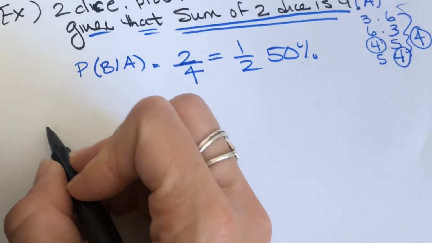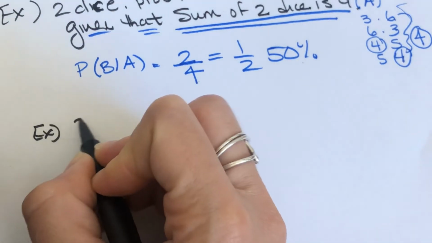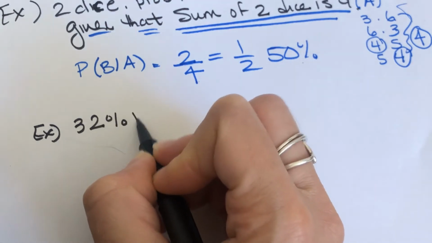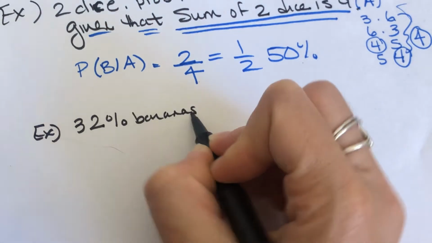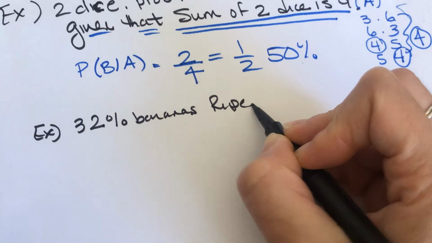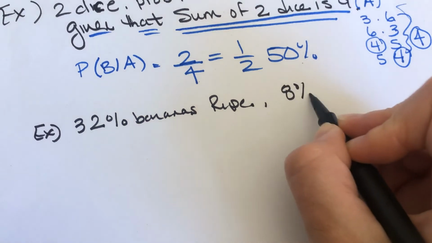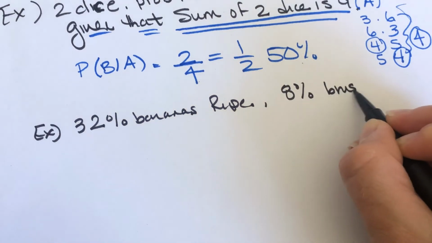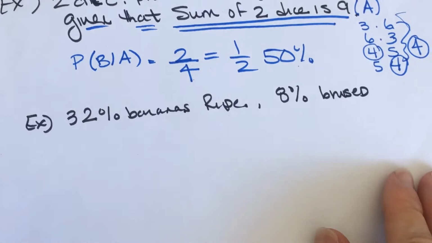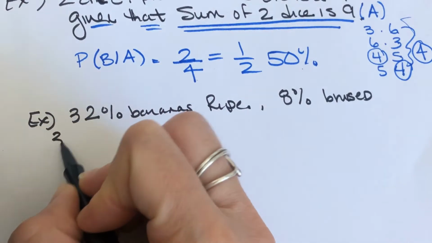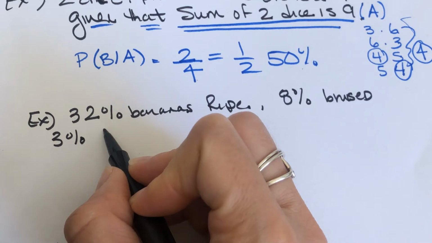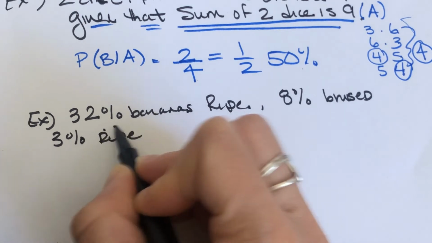All right, so at a grocery store, we're going to say 32% of bananas are ripe. Then 8% are bruised. And 3% are ripe and bruised.